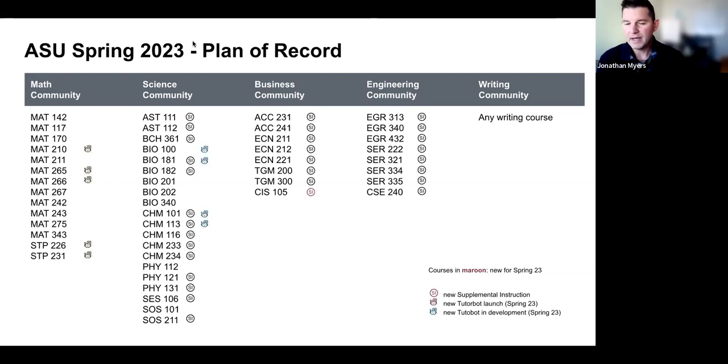They have more ties with their faculty buy-in just because of the way they're structured and some embeddedness, but their scope of courses is also for the most part limited to high DFW math courses, at least for their initial rollouts.